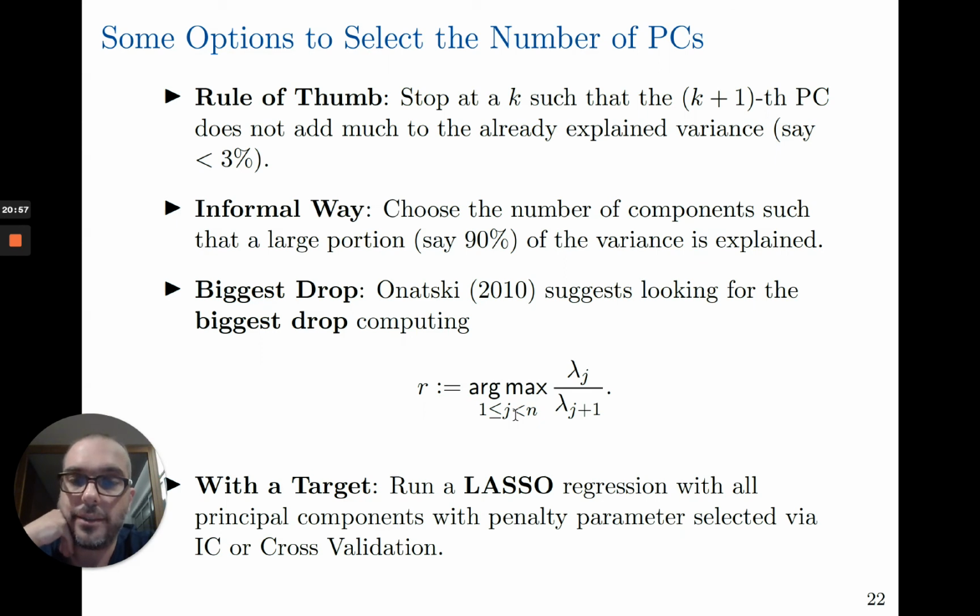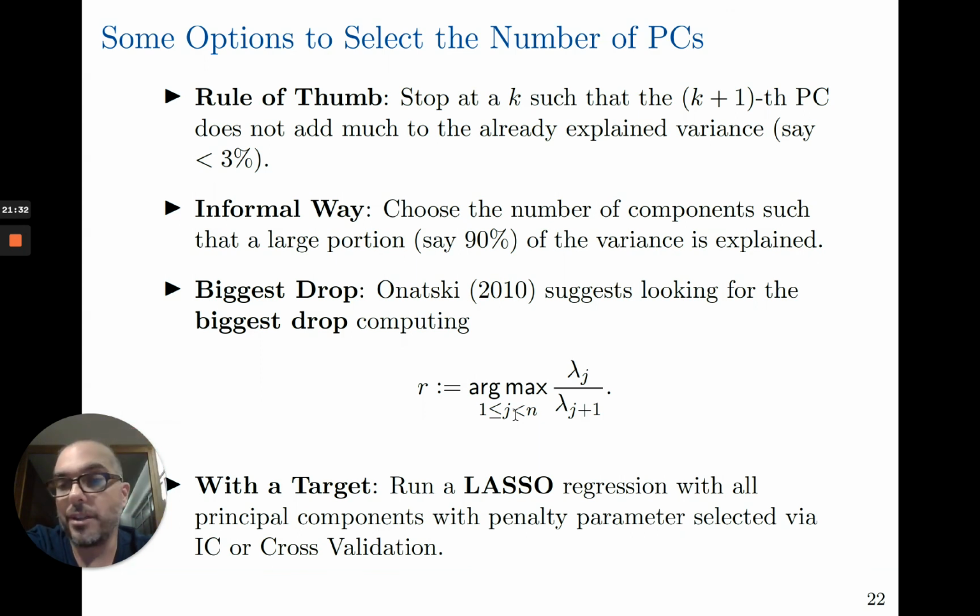Or something that is getting more popular nowadays is to get all of them and run a lasso, adaptive lasso, or elastic net, and let it select which principal components are more important if you have a target. Because if you just want to reduce dimension and compress data, you don't have a target. We are basically doing unsupervised learning. So what I presented to you is just unsupervised learning.